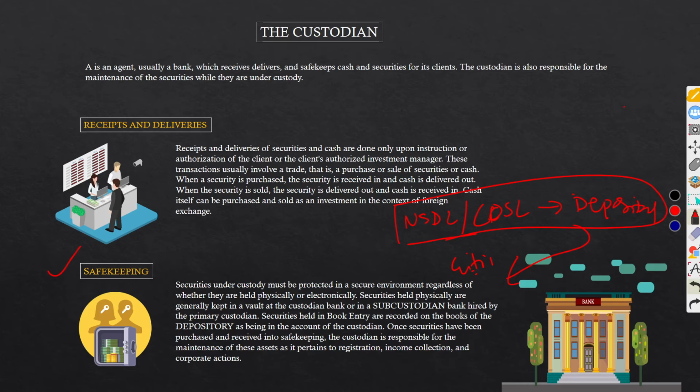And once they get the depository certificates, they work as a custodian in the market, and institutions will hire them to provide safety and security, or, as I said, even to process corporate actions and collect income. So it means interest or dividends or any other form of income. The custodian will collect that and record it in the books of account. So this is how the custodian plays a role in the safekeeping of securities.